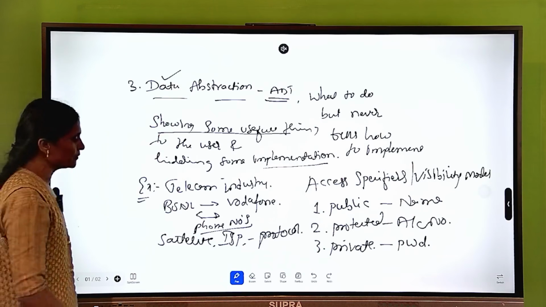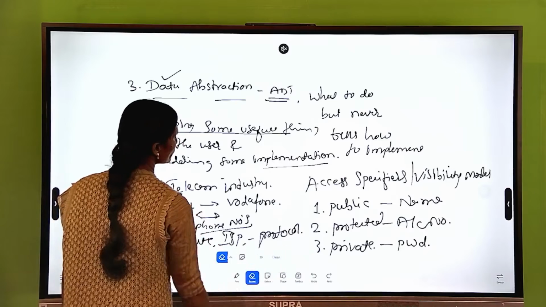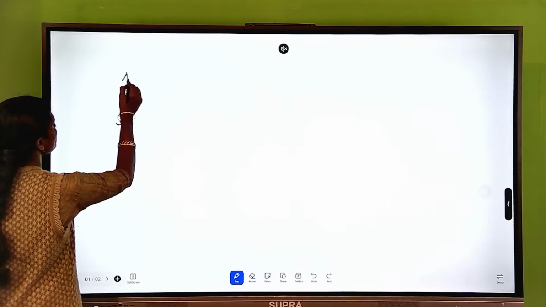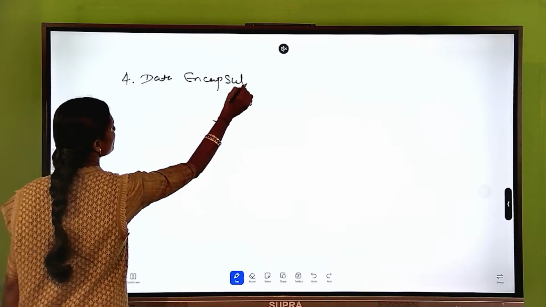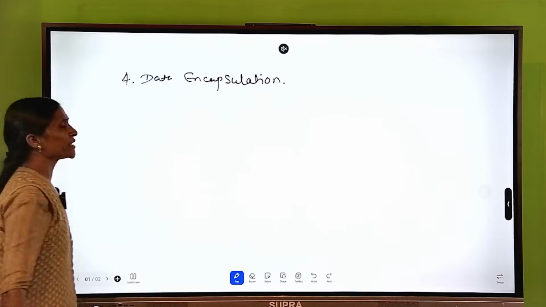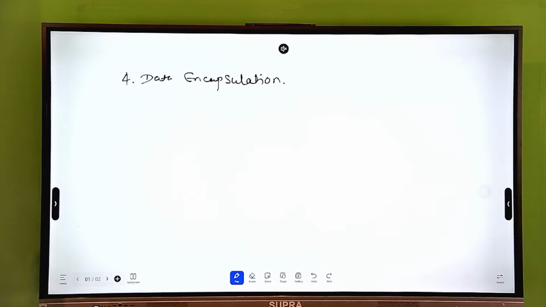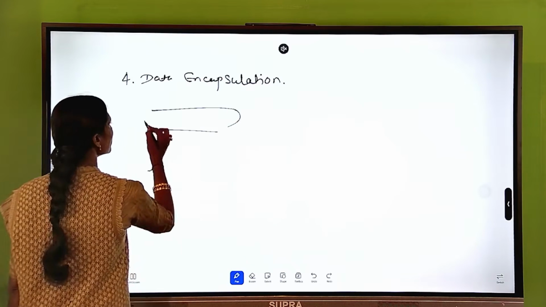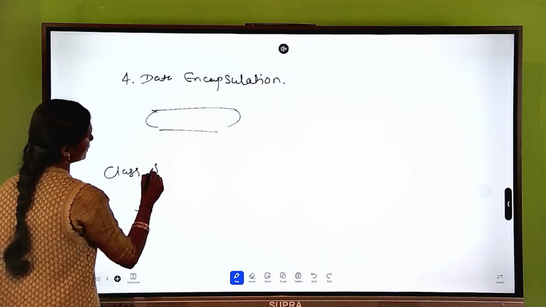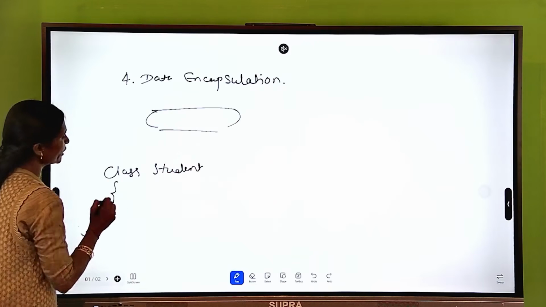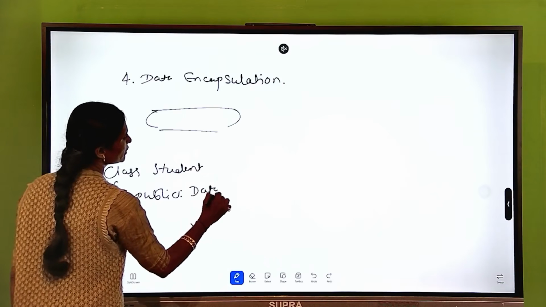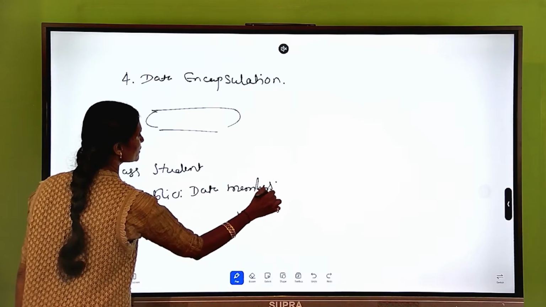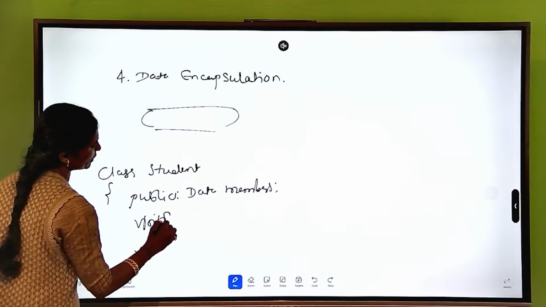Next, let's understand data encapsulation, the fourth concept that comes with OOPS. What is encapsulation? The definition itself is talking about wrapping up something. When you talk about a class, here the student, you define the visibility mode, and it comes with the data members, which may be public, private or protected.